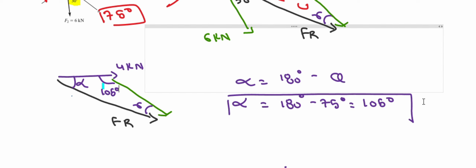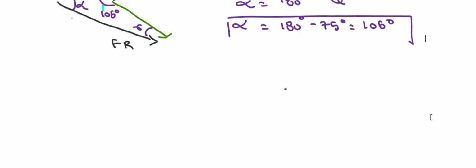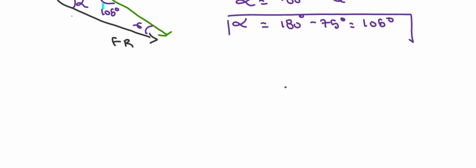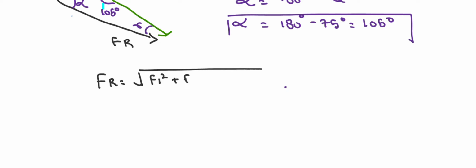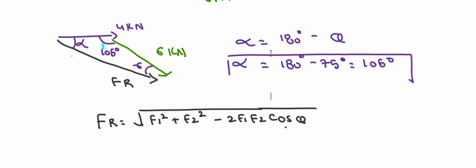Now, our second step is to apply the law of cosines to determine the magnitude of the resultant force. So, the law of cosines says that Fr is equal to the square root of F1 squared plus F2 squared minus 2 F1 F2 cos theta. Why am I putting a minus sign here? Because the 6 kilonewton force is acting along the negative y-axis direction. That's why I am putting a minus sign here.